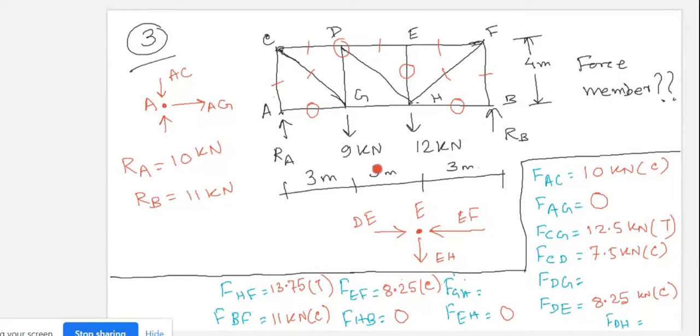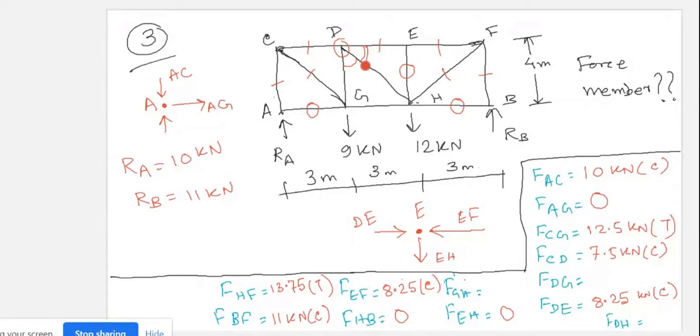Maybe you are making a mistake in forming the angle. Sir, FDG, I think it's 9 kilonewton. FDG 9, but I have the answer as 10. Why is it coming like this? What is the angle you are considering here? So this is 3, this is 4. So it's tan inverse of 3 by 4, and this will be 90 degrees minus that.